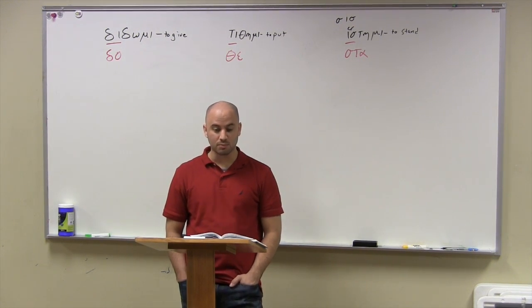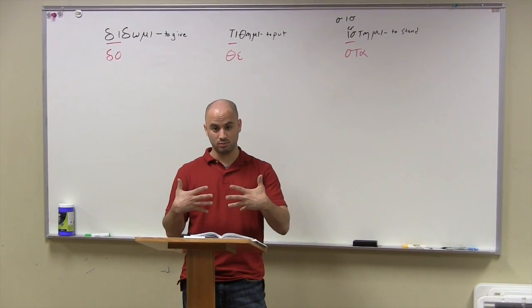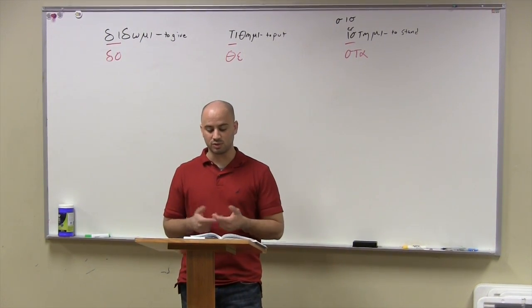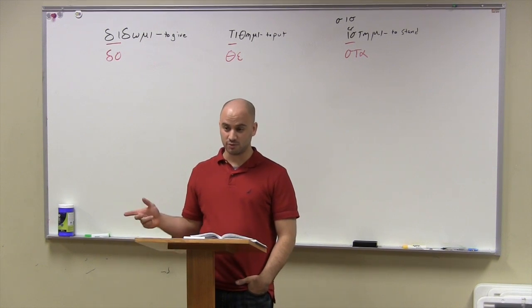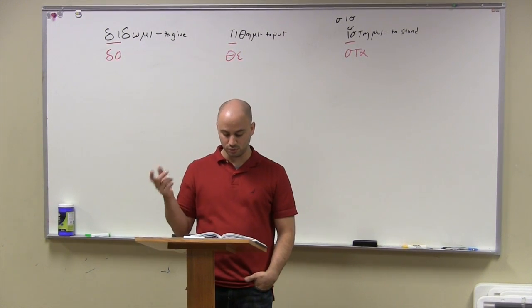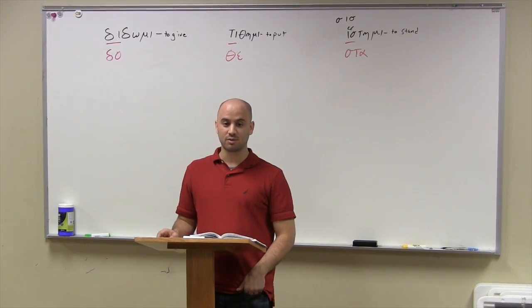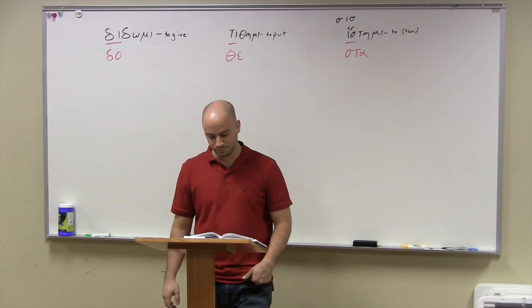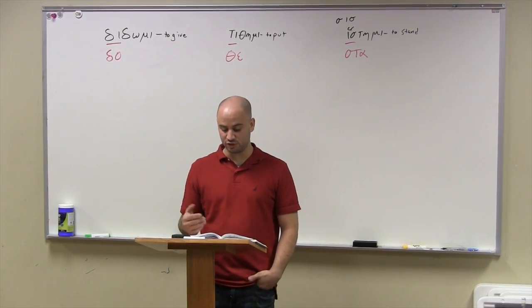Our endings for the imperfect were on, es, e, omen, ete, on. We've got contraction. Omicron plus omicron for on produces u. Omicron plus epsilon for es produces u. And the same thing happens with the rest of them. Contraction is taking place.